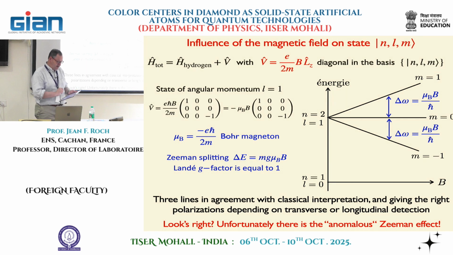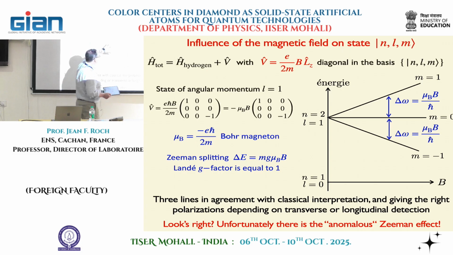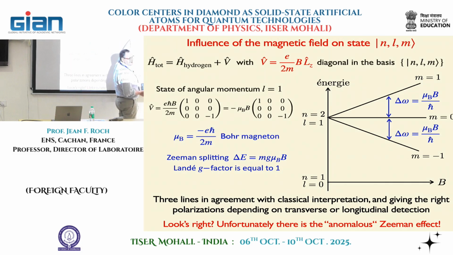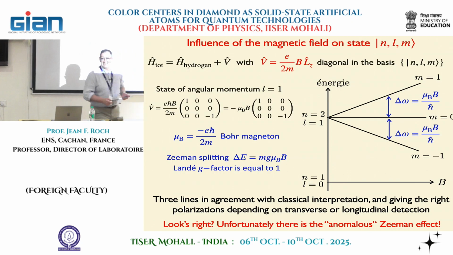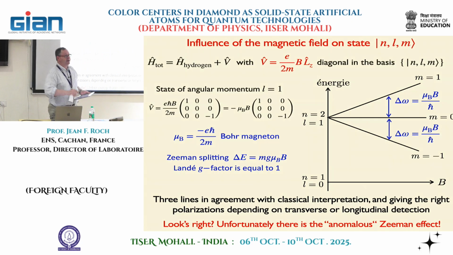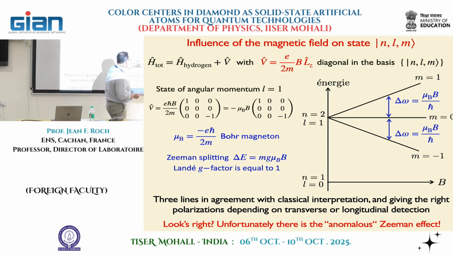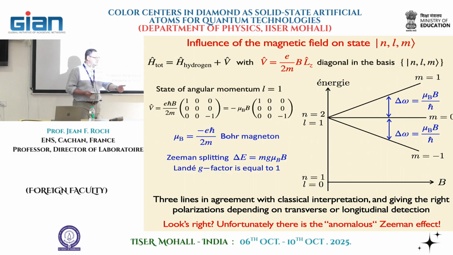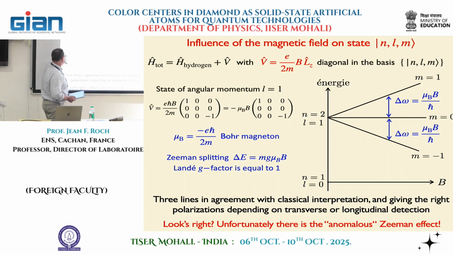If I write what happens for an angular momentum L equal 1, I have these terms, and what I see is that each line is now split into 3 components. Each of those components is associated to a given value m: m equal minus 1, m equal 0, and m equal plus 1.